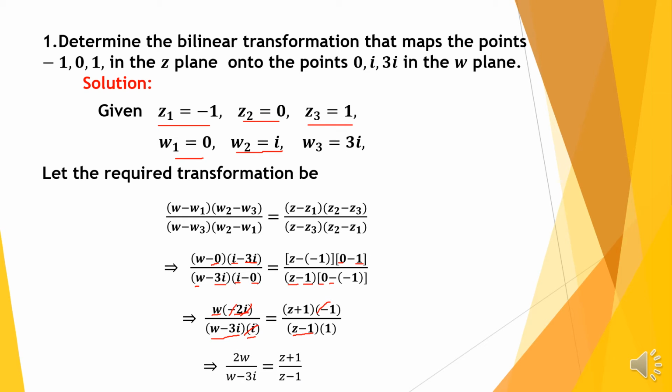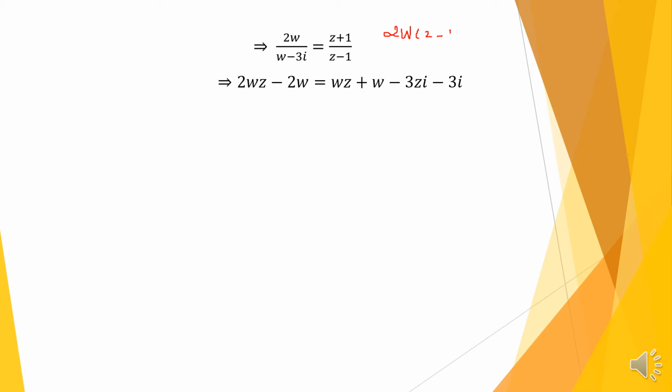We get 2w / (w - 3i) = (z + 1)/(z - 1). Now by cross multiplication, we get 2w(z - 1) = (z + 1)(w - 3i).